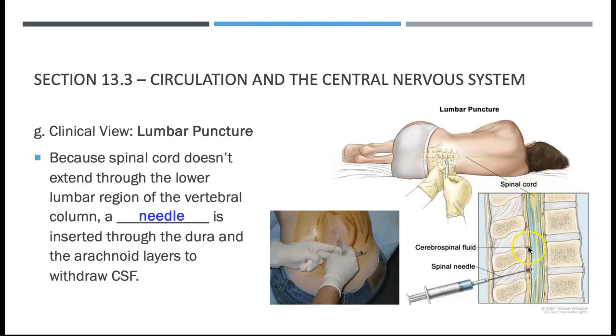So we want to go below that area, and typically L4 is where we want to go. Notice how we are in between those spinous processes. Again, we're going to go through the dura, through the arachnoid mater, and eventually where we want that needle to end is at the subarachnoid space so that we can withdraw CSF.